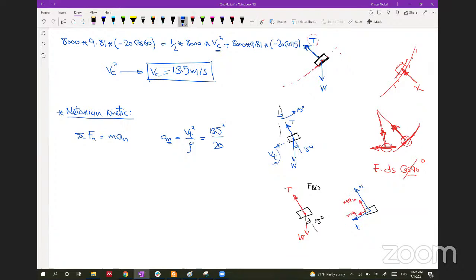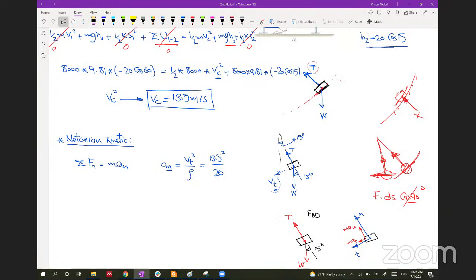So let's start by summation of MAN. So the forces in the N direction, we have the T, the tension in the cable, and we have negative W cosine 15, the component of the weight in this direction, and this will be equal to the mass, which is 8,000 multiplied by 13.5 square over 20. So actually you have the weight.